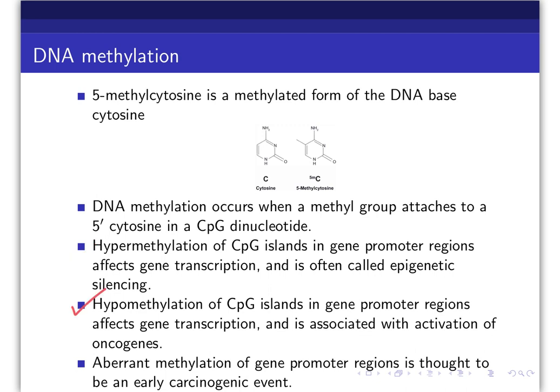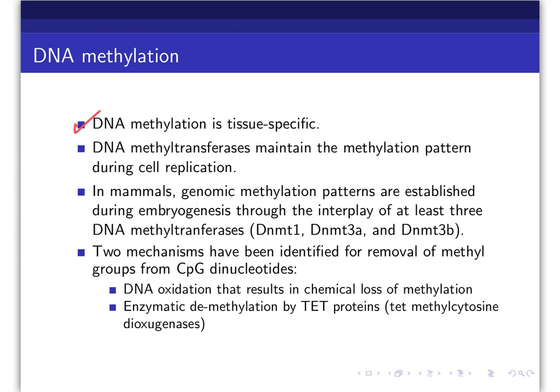Alternatively, loss of normal methylation in the promoter region can lead to a gene being expressed which is ordinarily not expressed by that cell type, which is consistent with activation of oncogenes. Therefore, methylation of gene promoter regions is thought to be an early carcinogenic event.